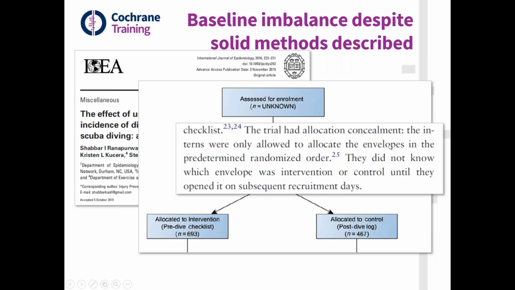And this is despite solid methods being described. It says that the allocation was concealed, and it seems that all of the methods were followed. So the reason for this discrepancy in group sizes is unknown, but concerning because it is really quite a large difference in group size.